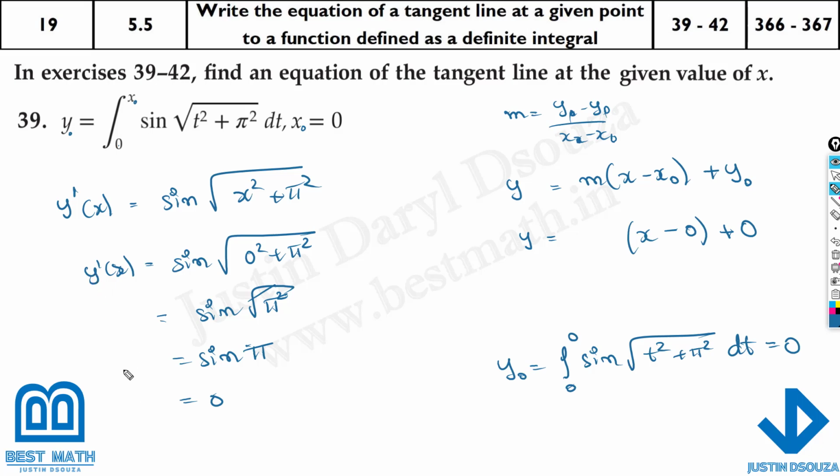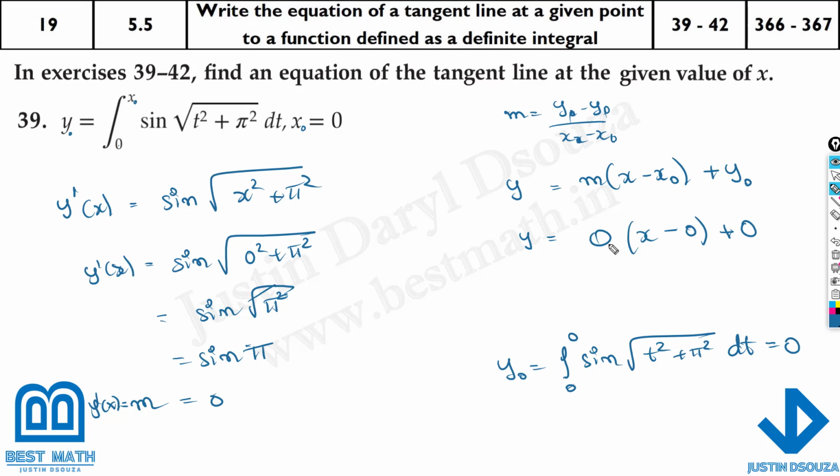So basically y dash of x, that is m, the slope, whichever term is easy for you, you can write it out. I prefer to write m for slope because it's a simple thing that I always remember. You can write this m as y dash of x, the derivative, y prime. It's the same, the slope itself.